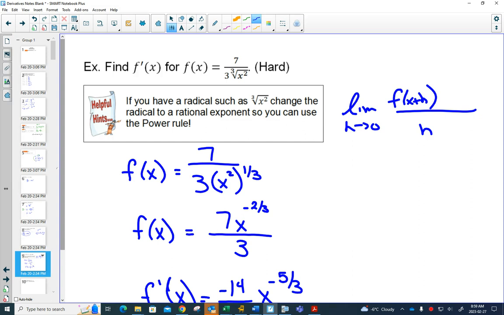You get x squared plus 2xh plus h squared inside a cube root minus f of x. And you would have to simplify all those square roots and cube roots using difference of cubes and sum of cubes and factoring to eventually try to get that h to cancel out.